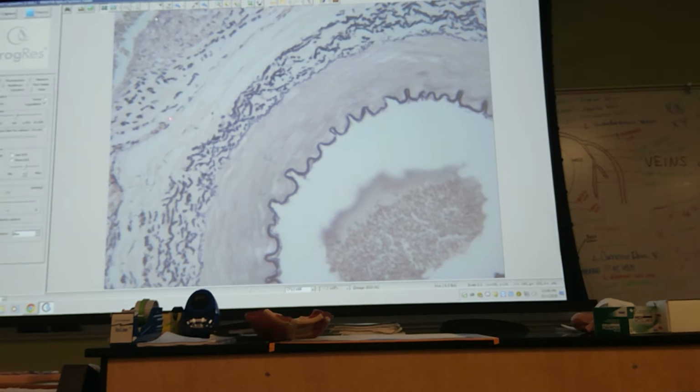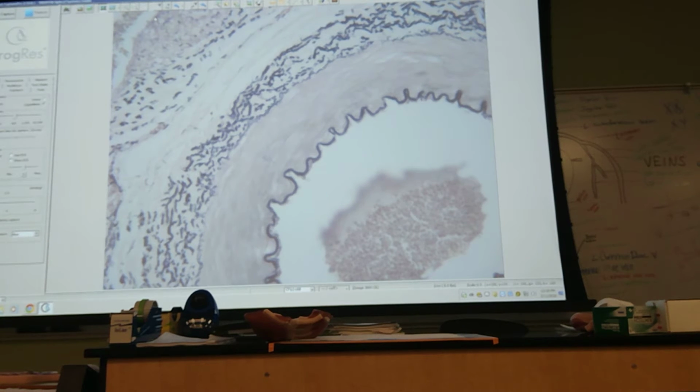So, here's the wall. And the innermost tunic, tunics are considered major layers or general layers. Okay? So tunica intima has 2 parts to it. Okay? It has something very obvious.